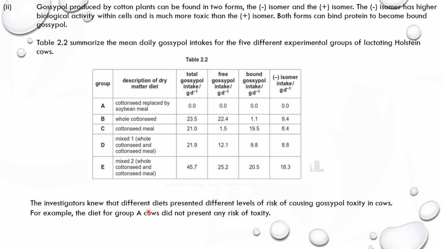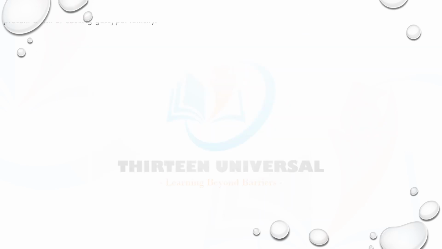The investigators knew that the different diets presented different levels of risk of causing gospel toxicity in cows. For example, the diet for group A cows did not present any risk of toxicity, because it has no intake of gospel, and therefore the negative isomer, which causes the toxicity, is not present. You can see that. Let's see what they're asking us to do.